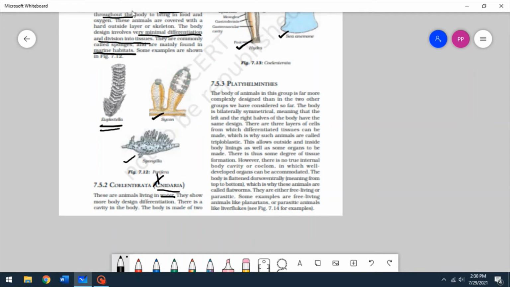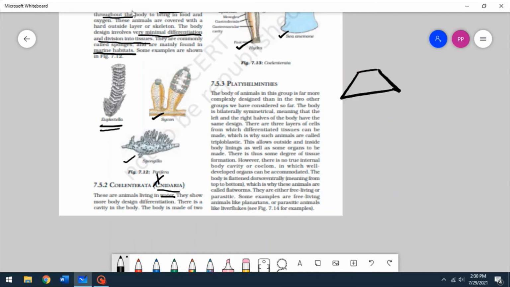So bilaterally symmetrical means it can be divided only vertically to give two equal sides. Alright, so let's say I draw a rectangle like so. No, let me draw a trapezium.